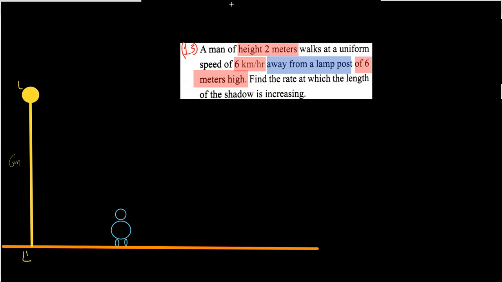The man is walking, and what is the height of the man given? The height of the man is 2 meters. So from here to here, this is 2 meters.